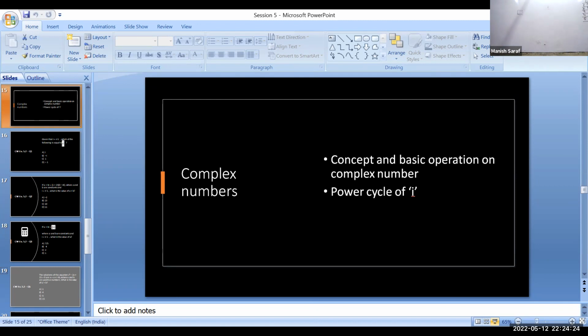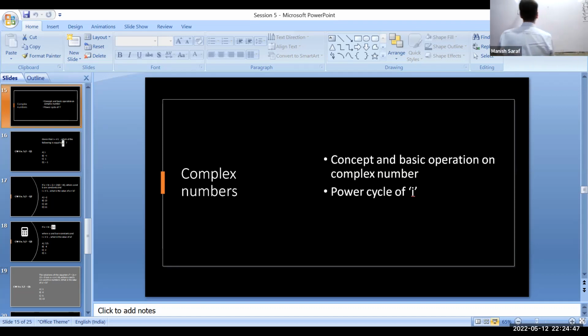Which of the following is equal to i upon i cube? Sir, option B. Option B. What is option B? Minus i. Right? Let's see.